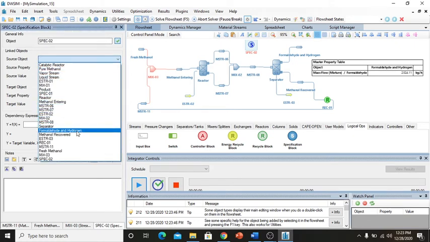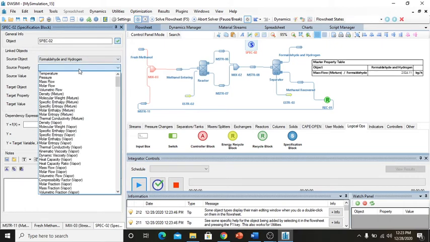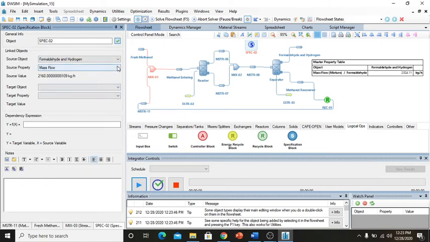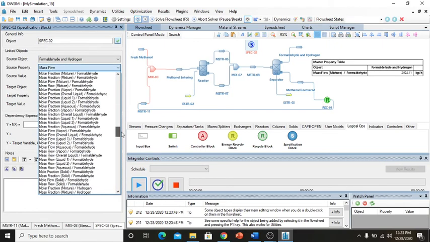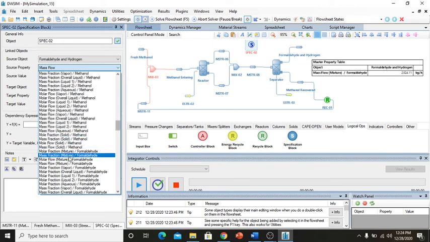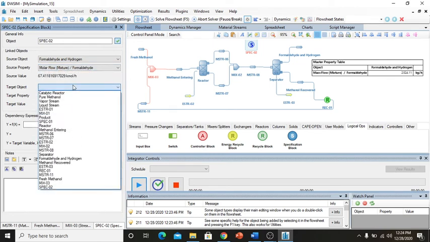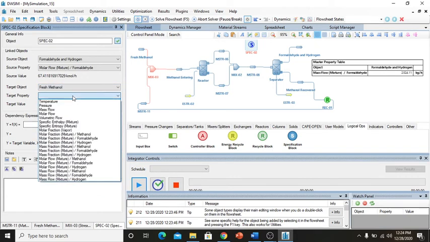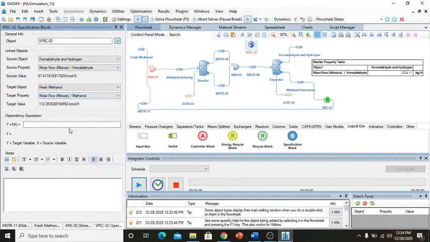Okay, so let's have the source object be formaldehyde and hydrogen, and our source property is the molar flow of formaldehyde. Our target object is the fresh methanol, and our target property is the molar flow of methanol. So the dependency expression now changes. It will be 900 times 1 over 30.031.